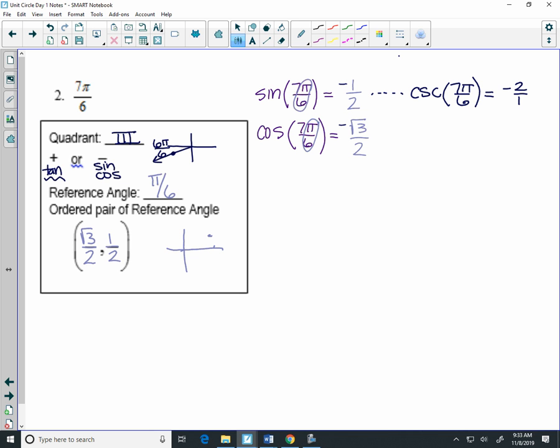Cosine's reciprocal is secant. So I'm going to flip the negative radical 3 over 2, so it's going to become negative 2 over radical 3. And then we're going to rationalize. So I'm going to bring that radical 3 up.